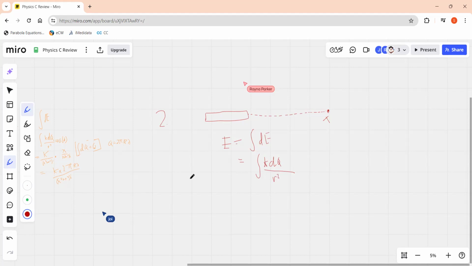And so that's equal to dq is equal to L times lambda.